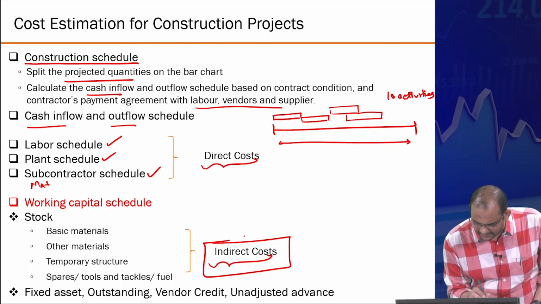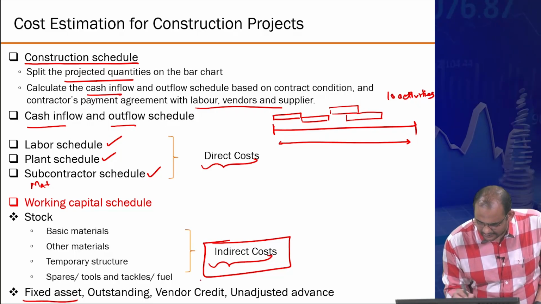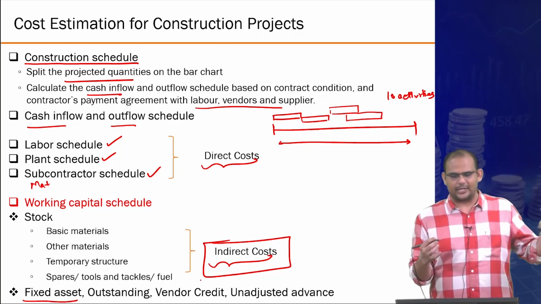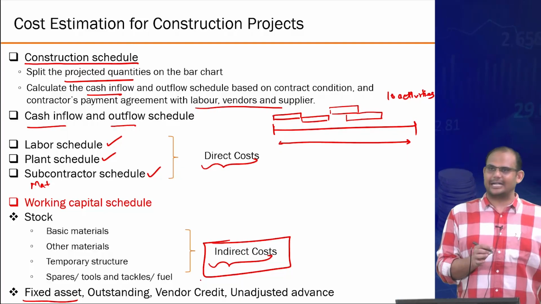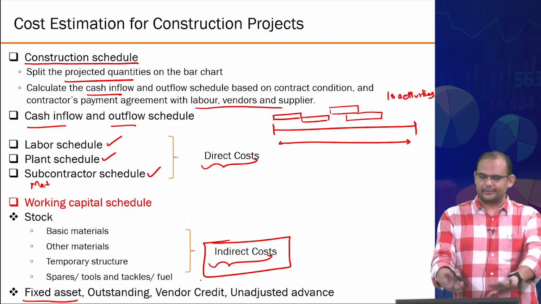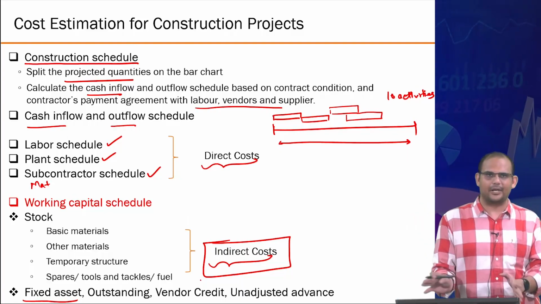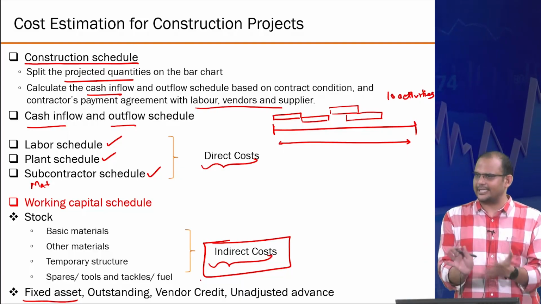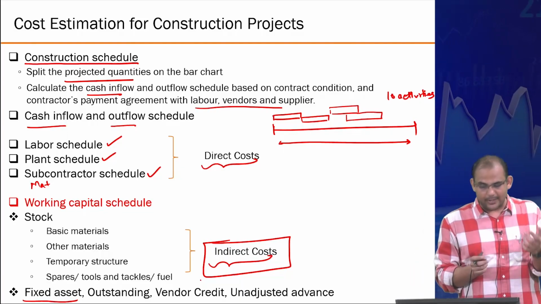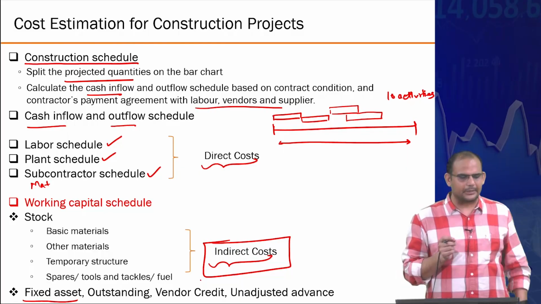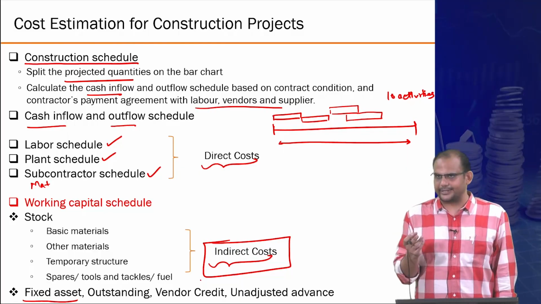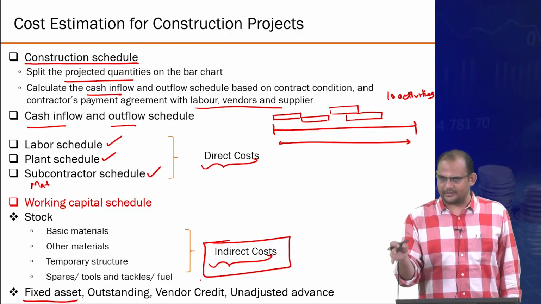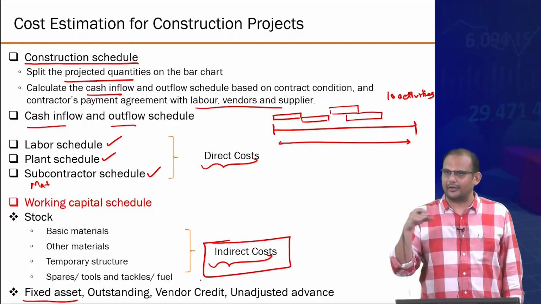And then there are other types of costs, like we also saw before, fixed costs and variable costs, that kind of distinction. But here, what is most important for you is to know the direct versus indirect distinction. There could also be, for example, headquarters cost. Now, we are just changing the scale of the discussion.